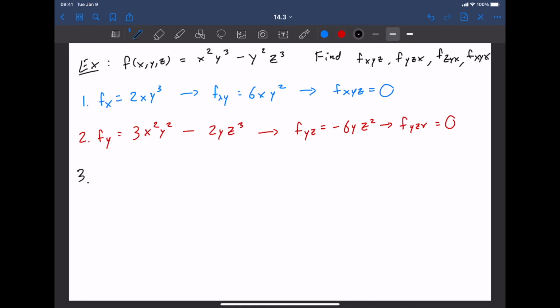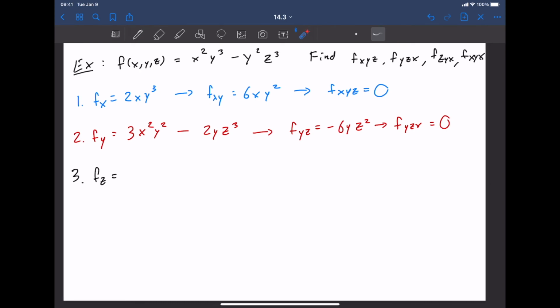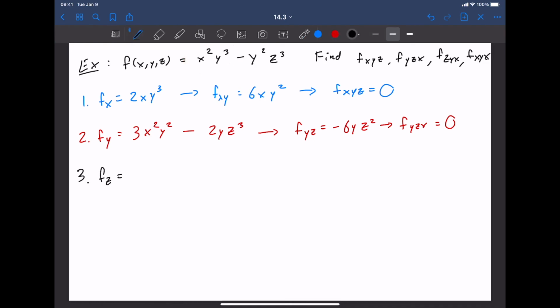Now we're going for this one. Z, then Y, then X. Try it out. 3, 2, 1. Z first. This whole thing is a constant. I'm left with negative 3 y squared z squared. Then y. Negative 6 y z squared. Then x.